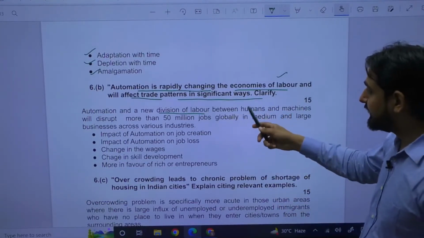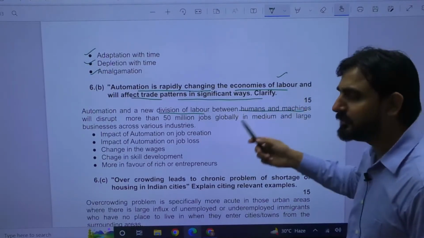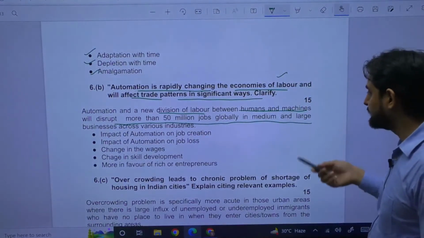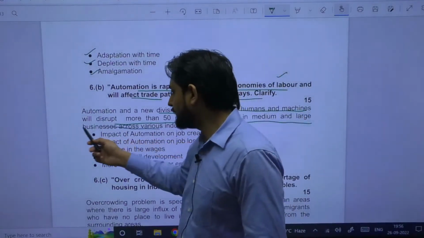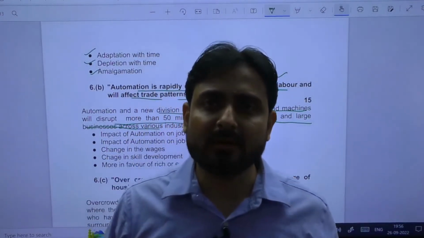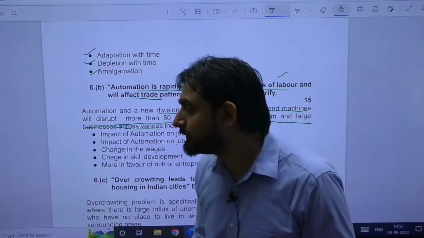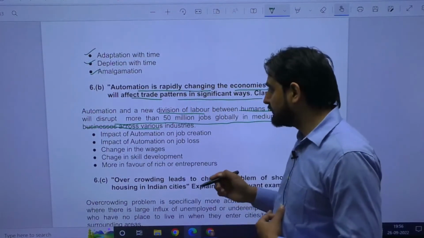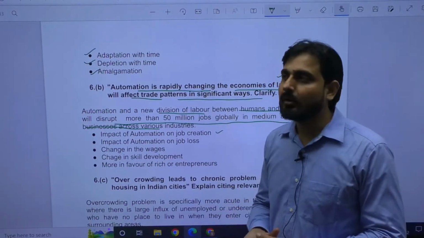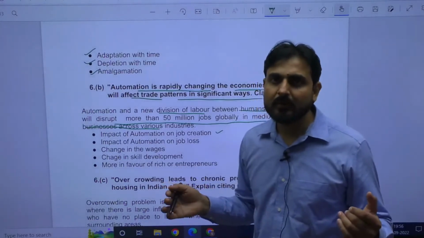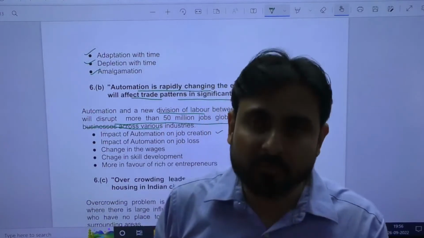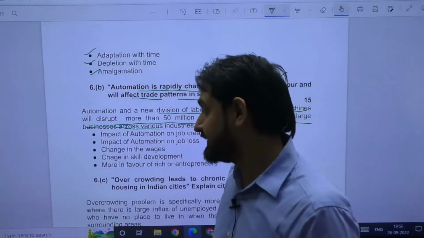Automation, a new division of labor between humans and machines, will disrupt more than 50 million jobs globally. By 2025 it will be around 80 million jobs impacted by automation. So, impact of automation on job creation: automation creates jobs generally related to high-profile, technology-based, high-skill work.